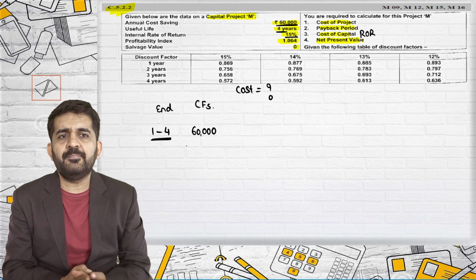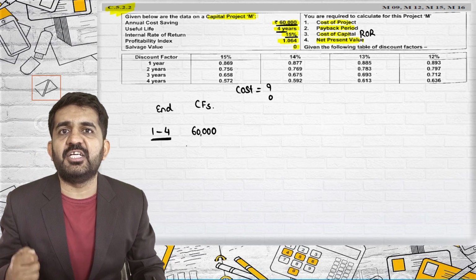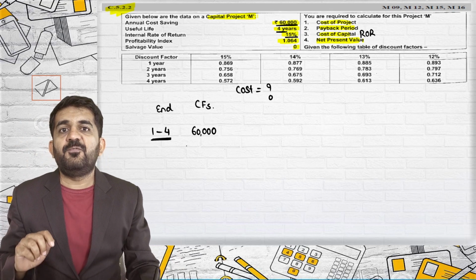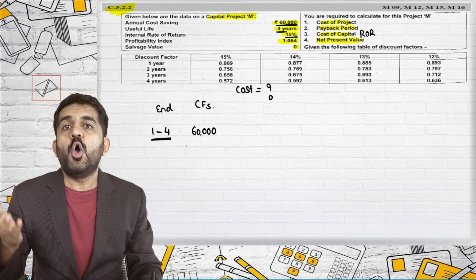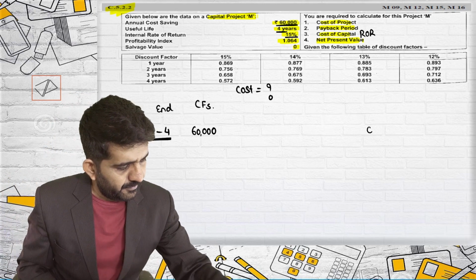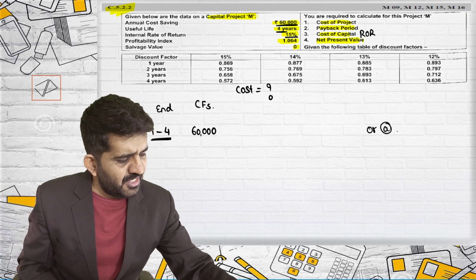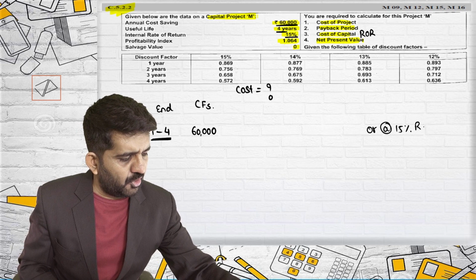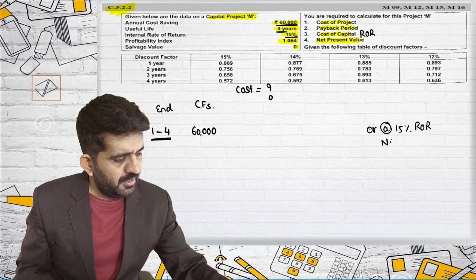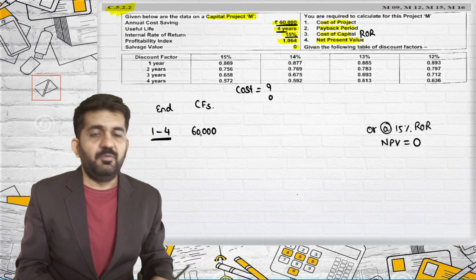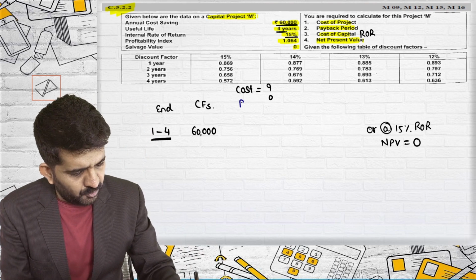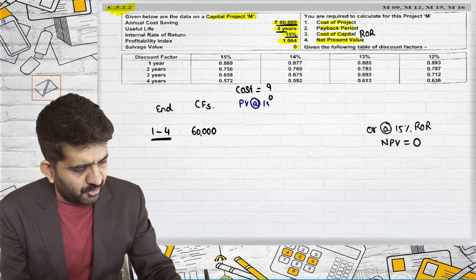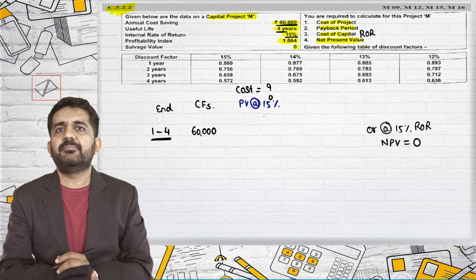What does this mean? This project is earning 15% rate of return, or at 15% rate of return, NPV will be 0. So I am finding out present value at the rate of 15%.